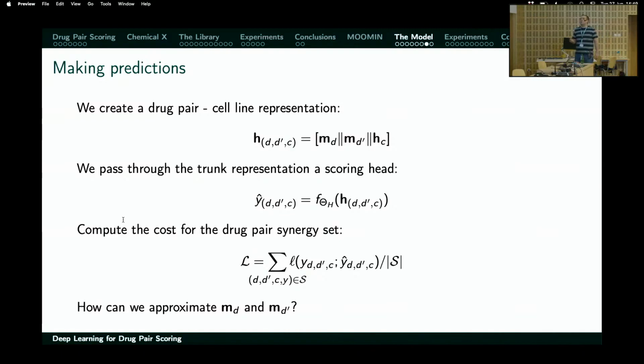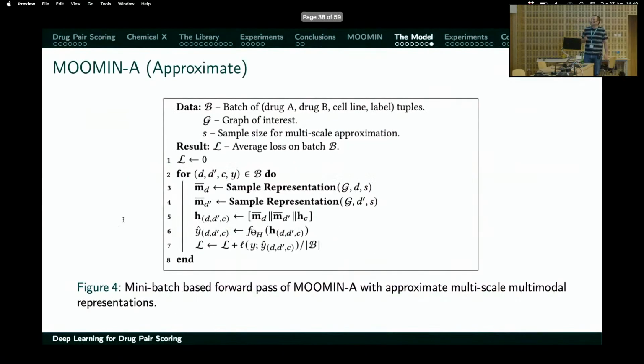There is an issue of how you approximate MD and MD prime. And I'm not going to get into the details of that. What we did essentially is that you can have truncated random walks that you are running. And at each scale, 0th, first, second, third, you take a fixed number of samples around that node, and you can just look up the representation of the nodes that you are hitting, and you can average that out.